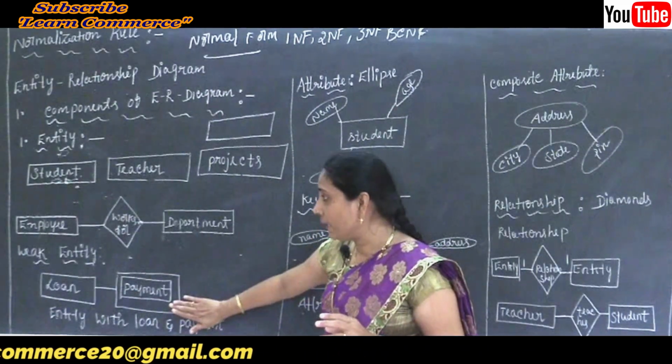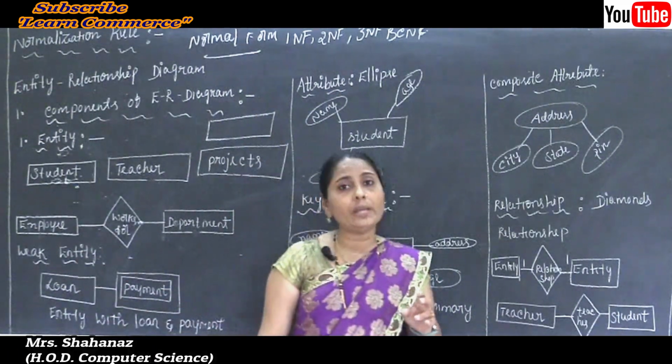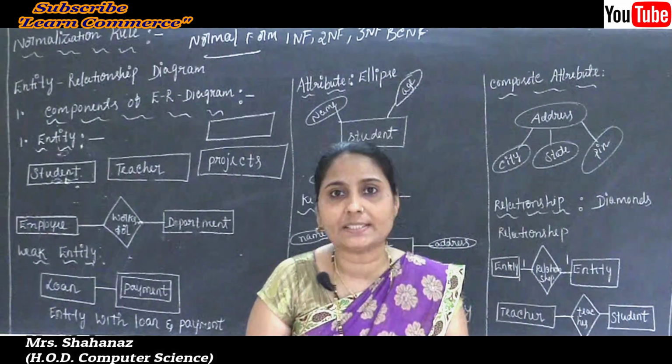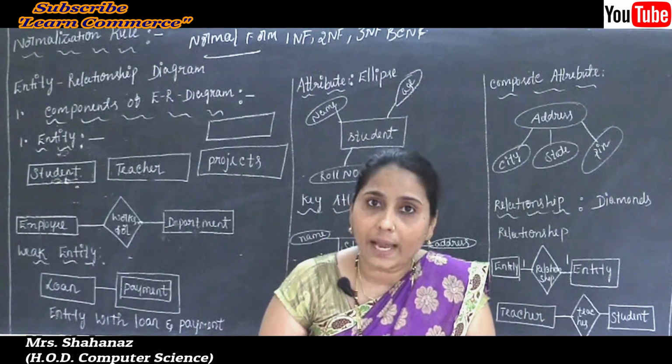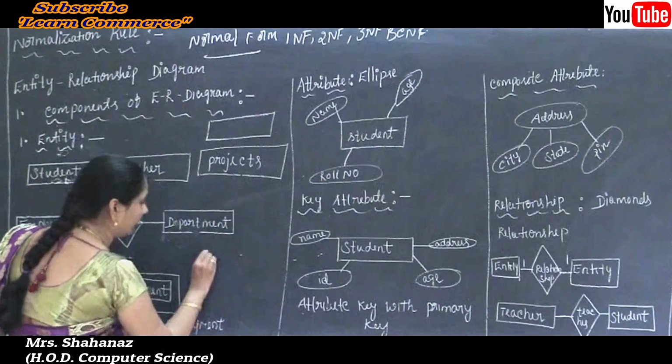Now what is the suitable diagram for our weak entity? When you are going to draw the weak entity, how are we going to represent the diagram? Such a weak entity is represented using a double rectangle. Clear this point here?